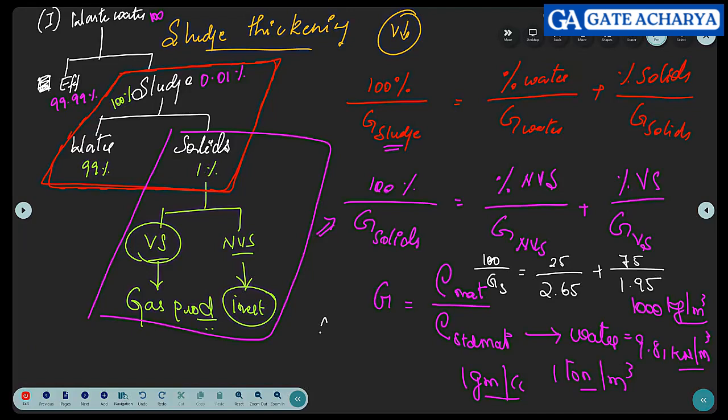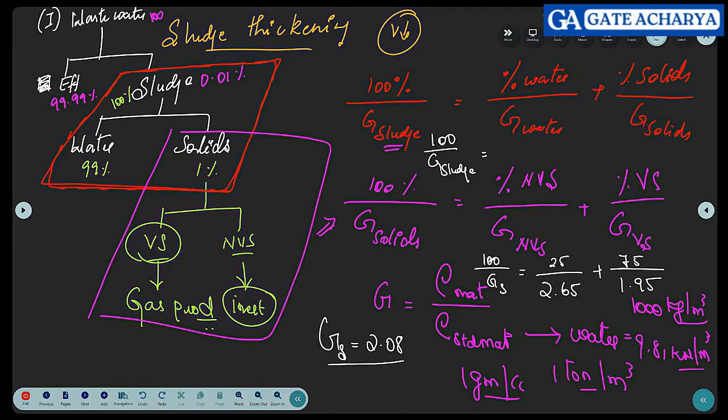What is the specific gravity of solids? 2.087. I can substitute here: 100 divided by specific gravity of sludge.